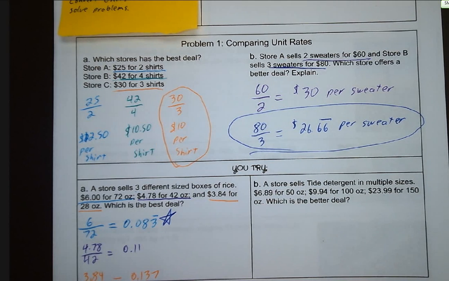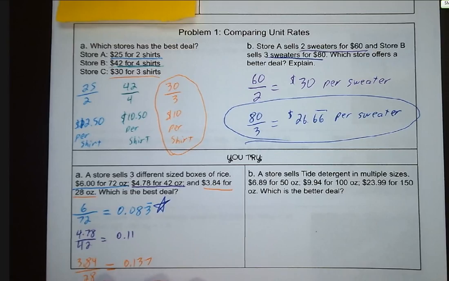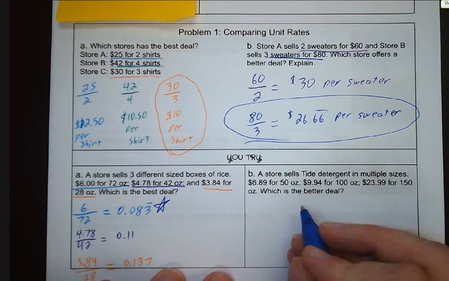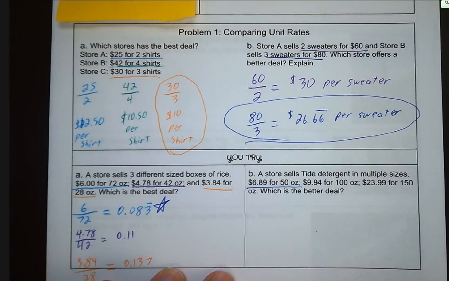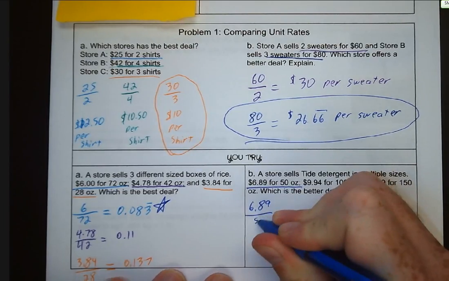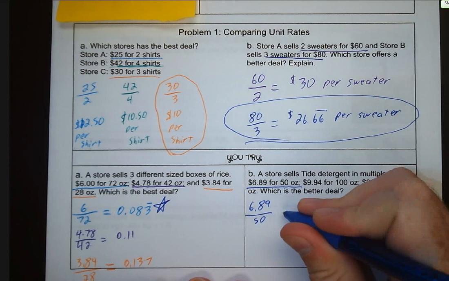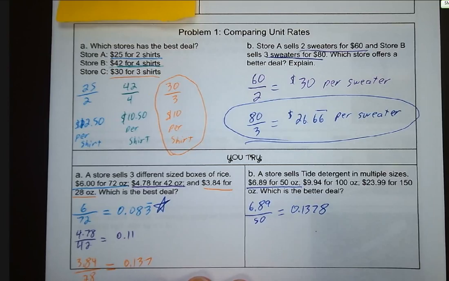All right, letter B asks us, a store is selling Tide detergent in multiple sizes, and we want to know which one is the better deal. So we've got $6.89 for a 50-ounce bottle, which is equal to 0.1378 when you divide it.